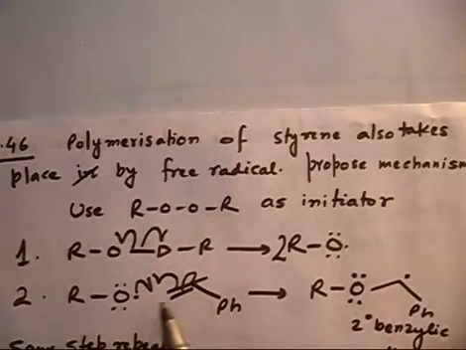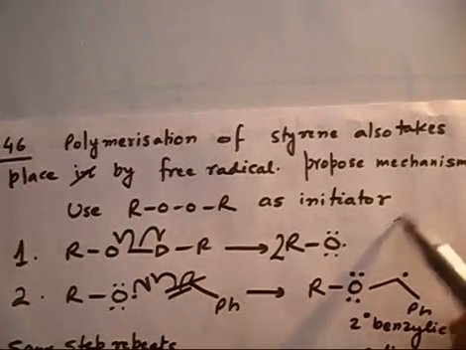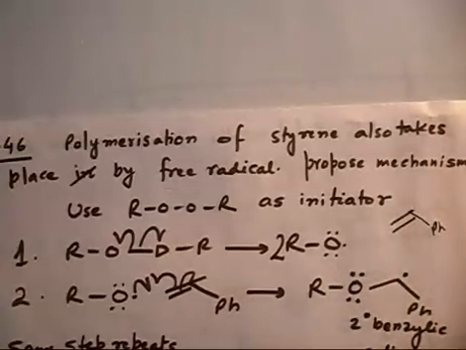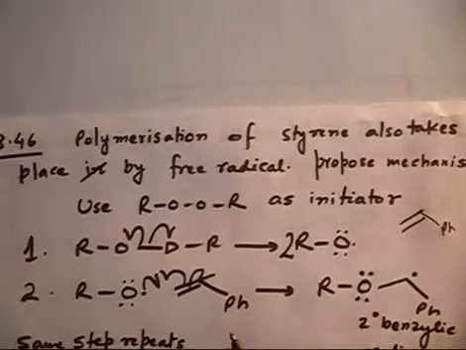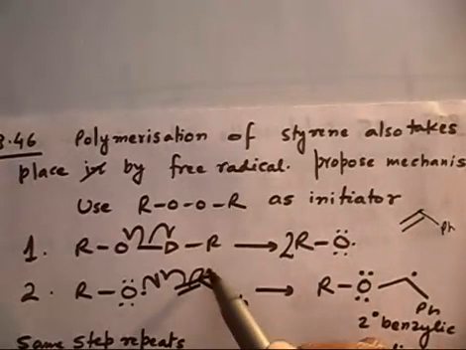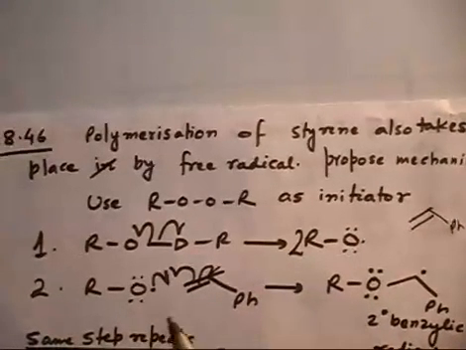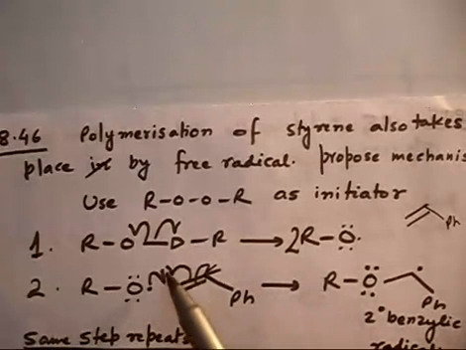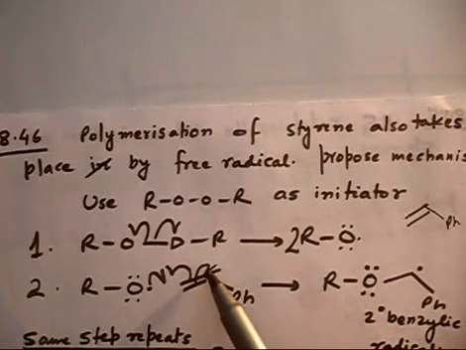Here is RO dot, and this is the styrene molecule. Everybody knows this is styrene. So this is an electron, not a double bond. What is happening here? I have an electron, and one electron from the double bond makes a bond, and one electron goes to this carbon.